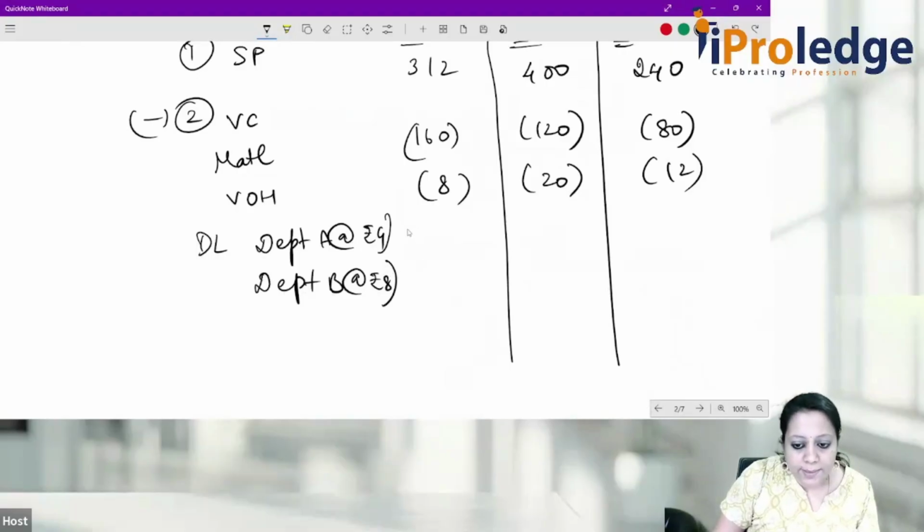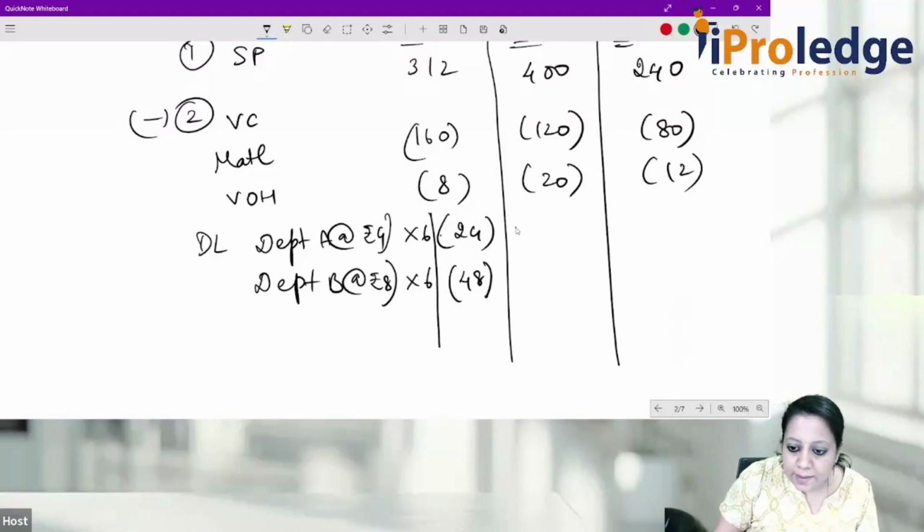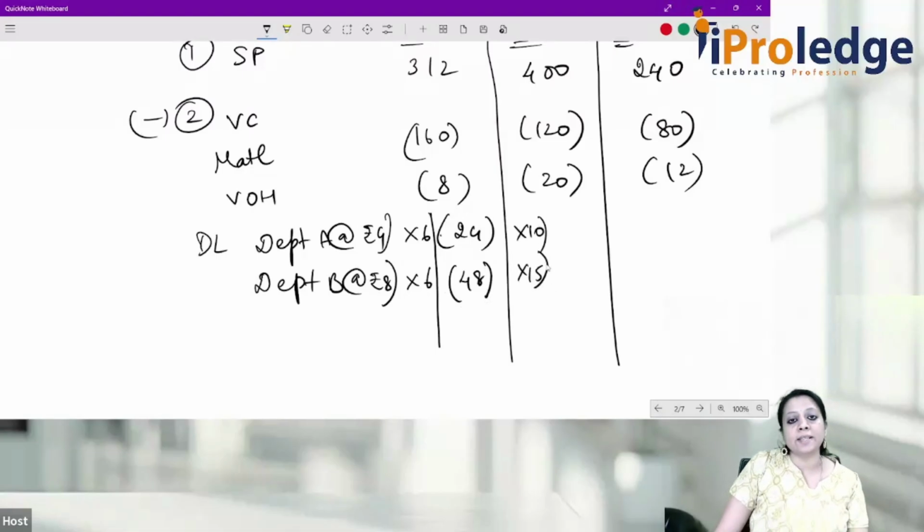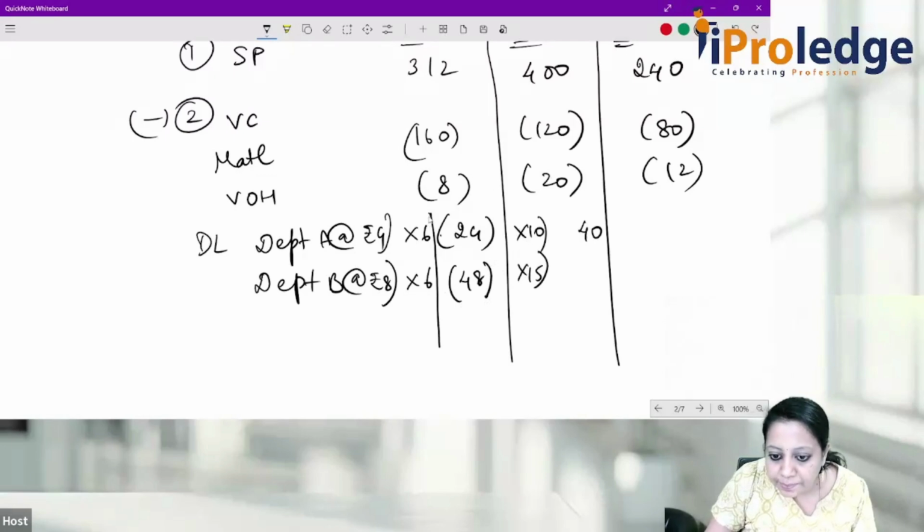So 4 into 6, and this is 8 into 6. This is 24. Correct, students? This is 48. This is into 10 into 15 because we are doing per unit. Selling price is given per unit, no? All right. So this will be 40.